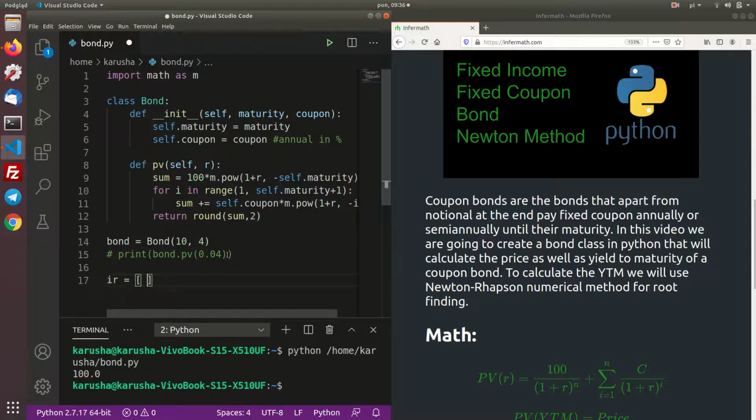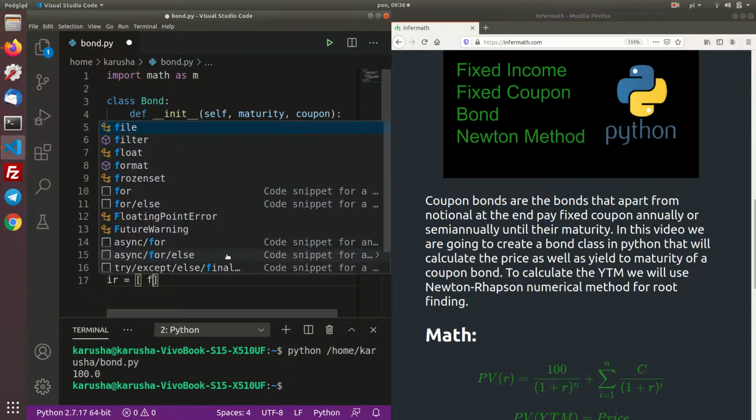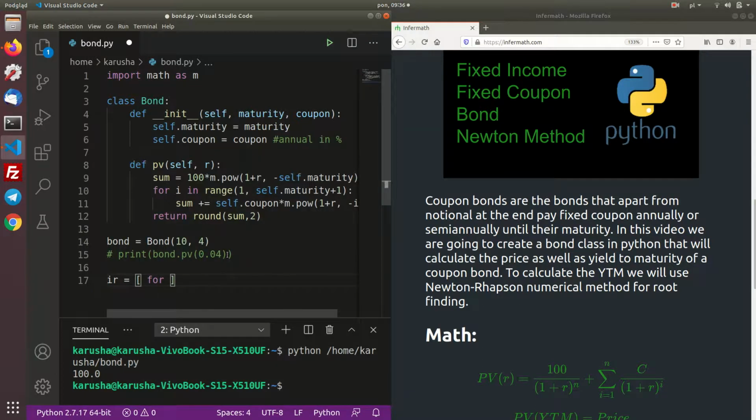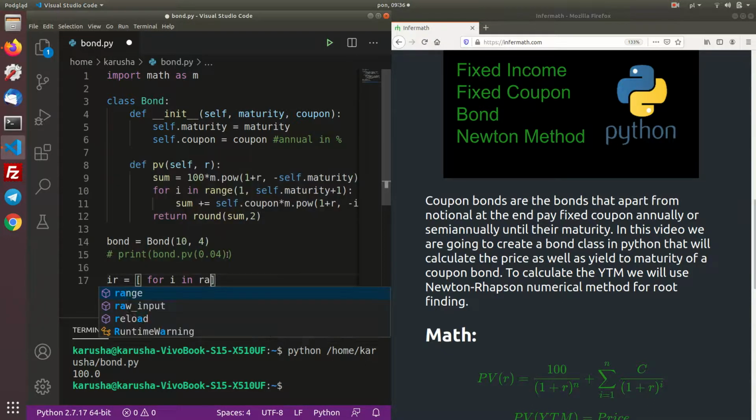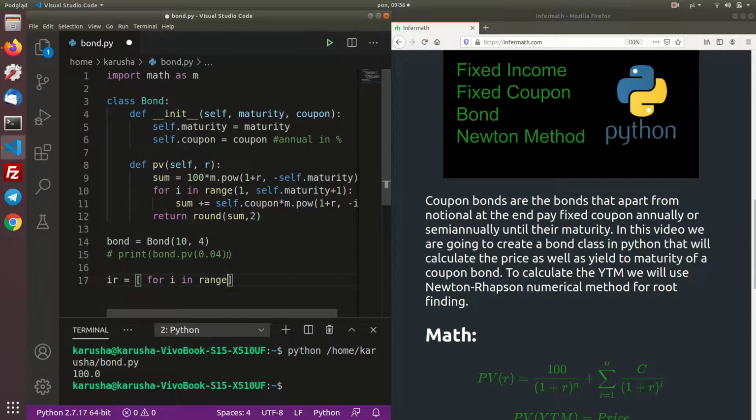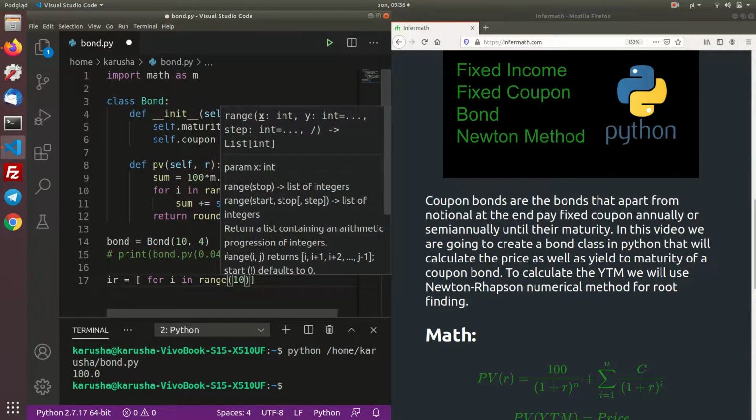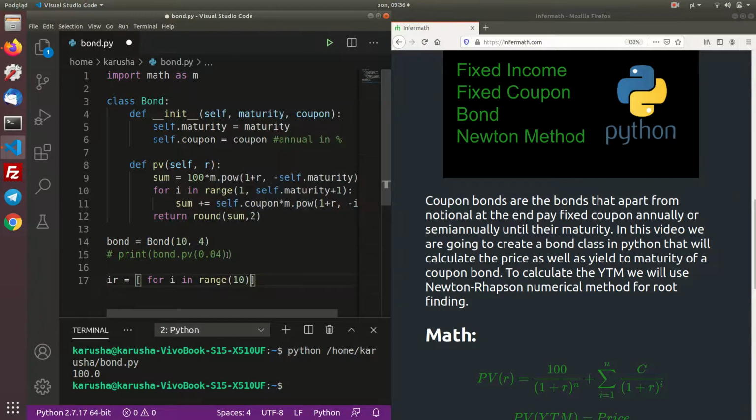Let's generate interest rates from 0 to, let's say, 10. So we're going to use a for loop here as well, for i in range. So if we start from 0, we can just write one argument, and this will loop from 0 to 9.